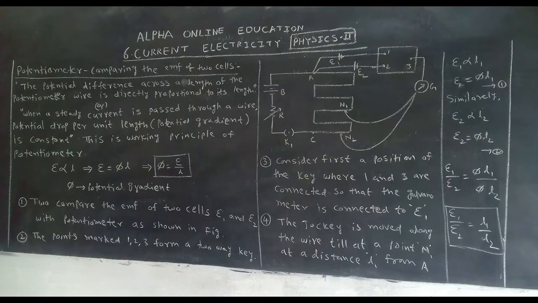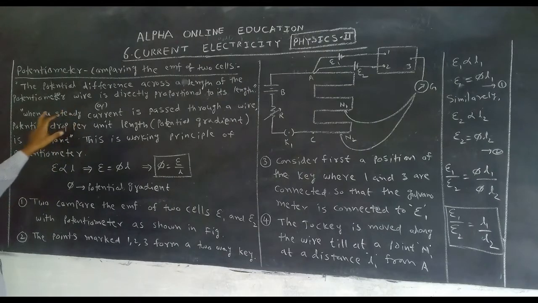This is one statement. How can we write it mathematically? Potential difference, E, is directly proportional to the length L of the potentiometer wire. This is the mathematical expression.